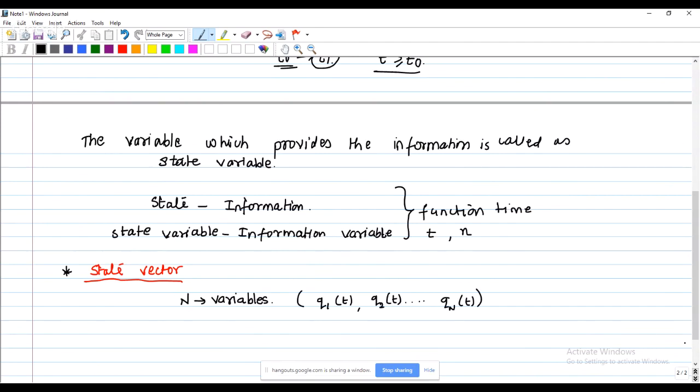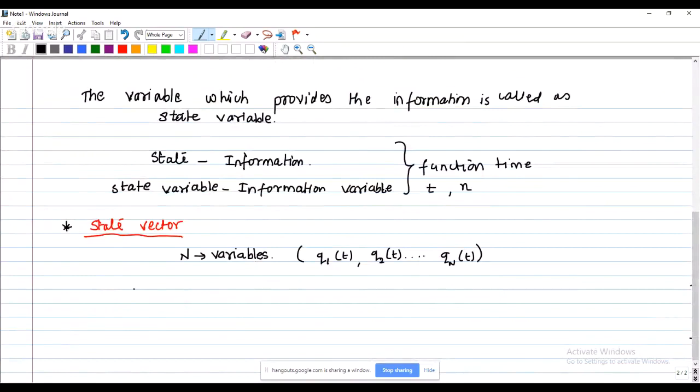Then I can create a matrix of those variables, which we call a vector. So I would create a matrix which we call q of t, which is a collection of these individual state variables, that is q1 of t, q2 of t, q3 of t, so on and so forth, qn of t.